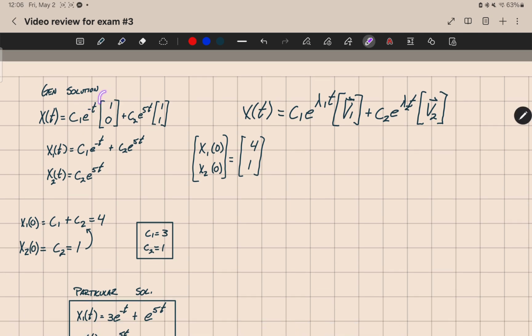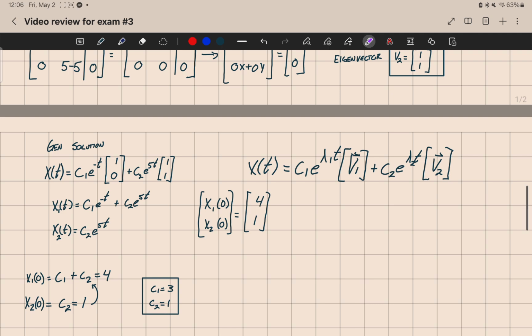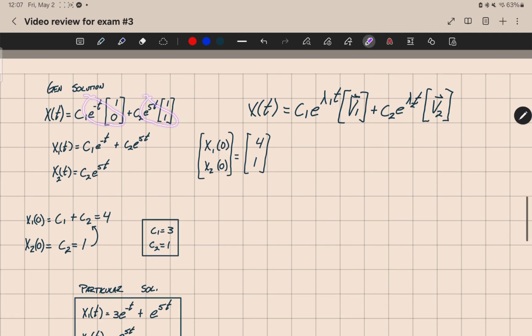We're multiplying to the top value in our eigenvectors, and we end up with x1 here. And then same thing for x2, multiply it to the bottom number of the eigenvectors, and we get our second equation here.